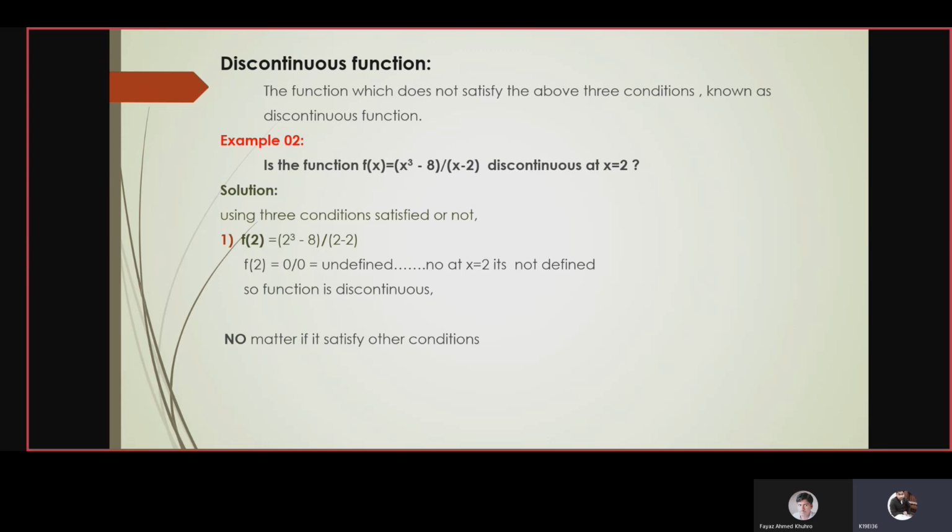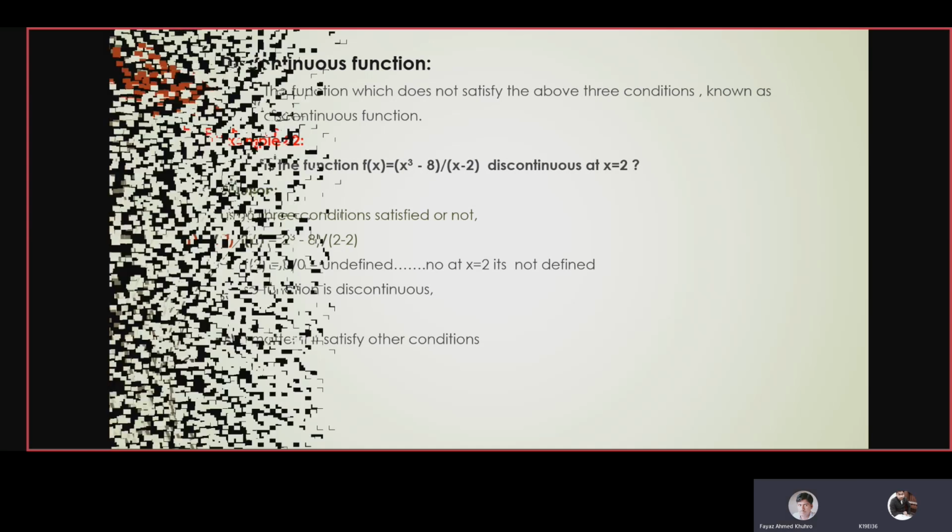Putting the value in the function, I got 0 over 0, which is an undefined form. So it is not a continuous function, because it is undefined. I can say it is discontinuous.